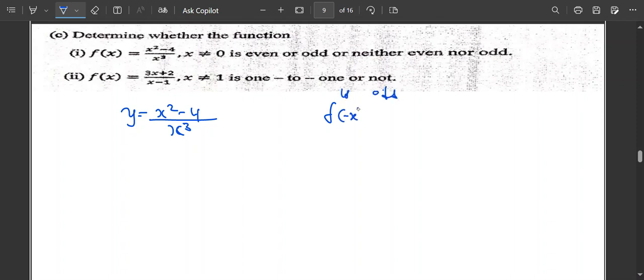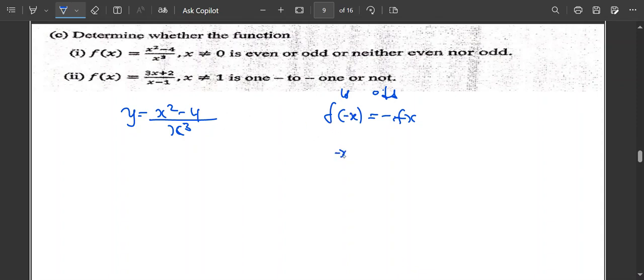then f of negative x should be equal to the same function but multiplied by a negative. So let me insert negative x inside there and we'll see what happens. I'll be doing both sides so that we see whether they are equal or not. On this side I'm inserting negative x wherever there's x.